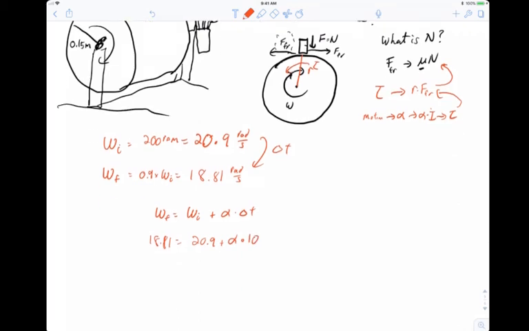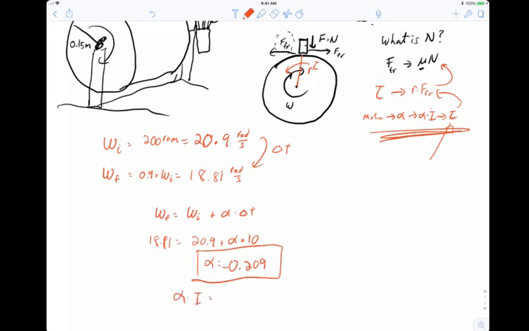So alpha is 0.209. Minus in this case, I guess minus means to the right. Doesn't really matter. Okay, so now that I found the acceleration, according to our battle plan, I can find the torque. Alpha times I.